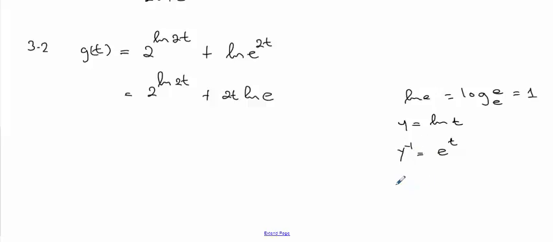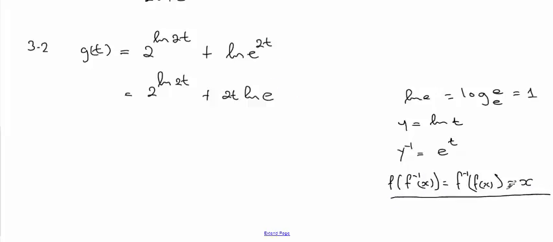And remember, if you have a function composed with its inverse in any order, what you get is the identity function, to get back the argument. So we could apply that to get to the following, which is 2 to the ln 2t plus 2t. Now once we have simplified like this, that's when we can start differentiating this function.